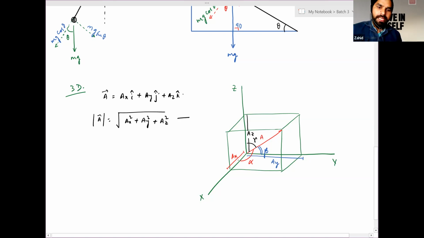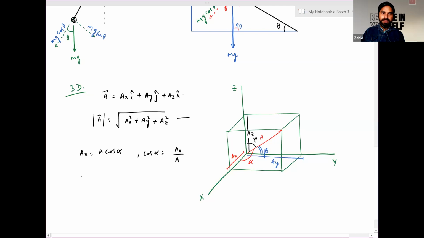Now using alpha, beta, and gamma, since alpha is with respect to the ax component, you may write ax is equal to A times cos alpha, or cos alpha is equal to ax divided by A.